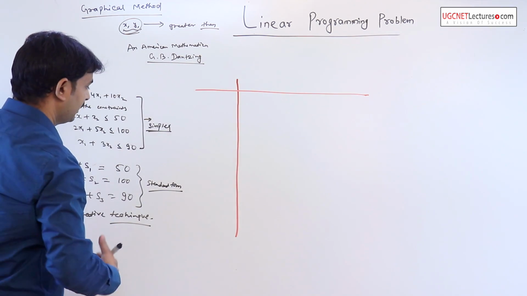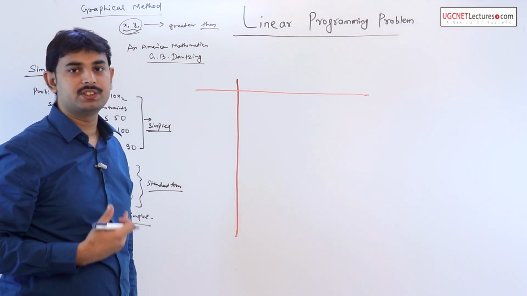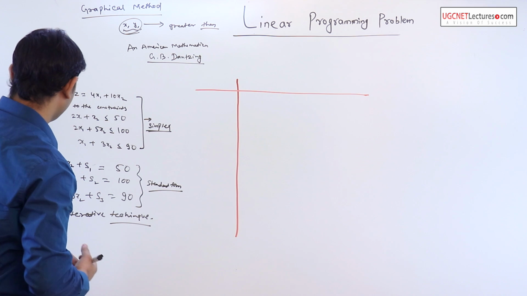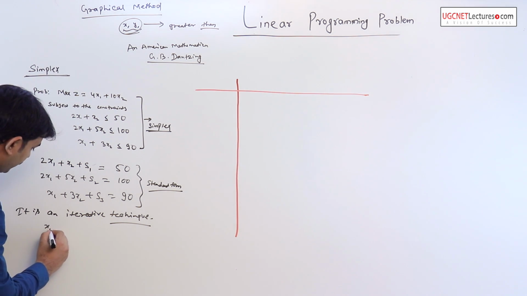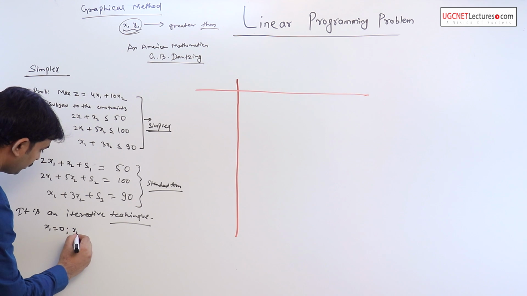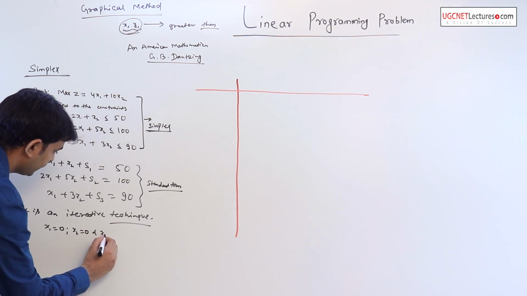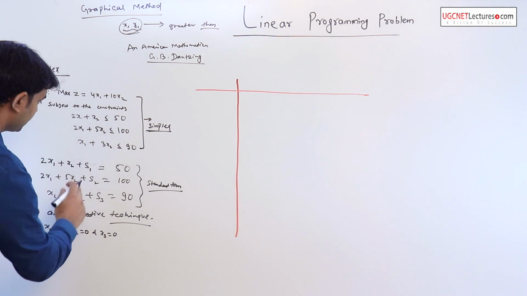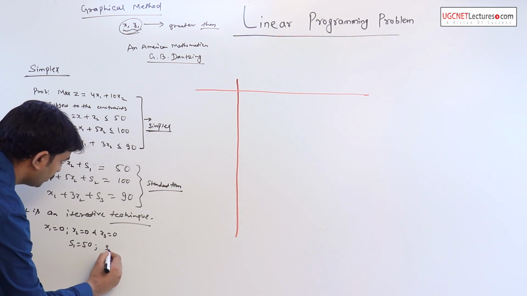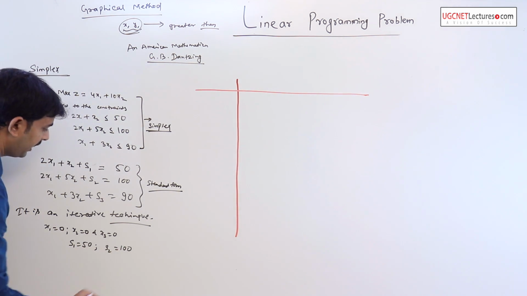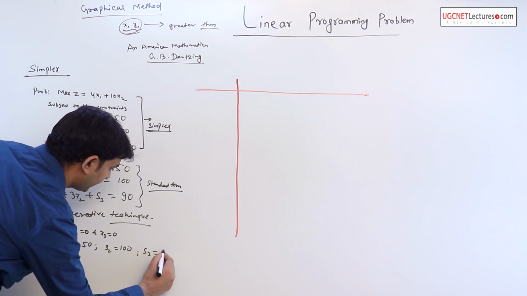We have to start with some basic feasible solution. Here, if x1 equal to 0 and x2 equal to 0, this gives s1 equal to 50, s2 equal to 100 and s3 equal to 90.